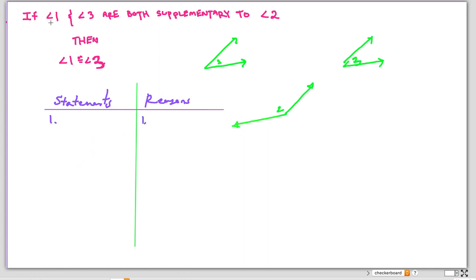Basically what you say is angle 1 and angle 2 are supplementary. That's in the given.